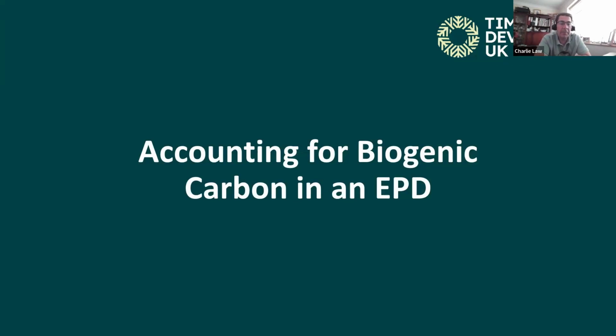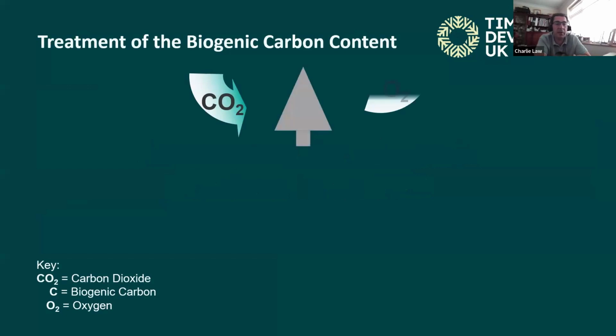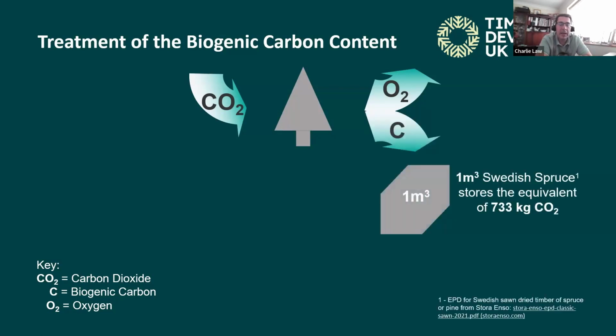As far as accounting for the biogenic carbon, this is sort of the bit that confuses some people. Hopefully not too much. You guys will hopefully know from our O-level biology classes that trees absorb CO2. They breathe in CO2 from the atmosphere and emit oxygen, and obviously the carbon element from that CO2 is laid down into the fibers of the timber.